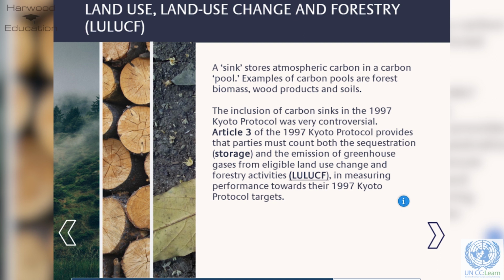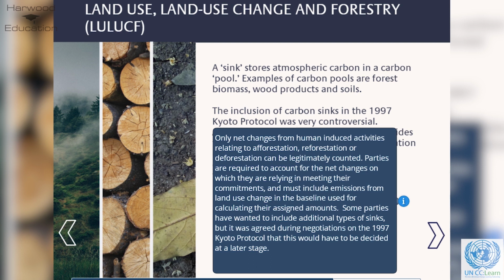Article 3 of the 1997 Kyoto Protocol provides that parties must count both the sequestration, storage, and the emission of greenhouse gases from eligible land use change and forestry activities, LULUCF, in measuring performance towards their 1997 Kyoto Protocol targets.